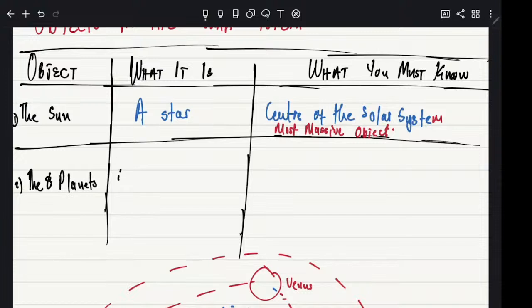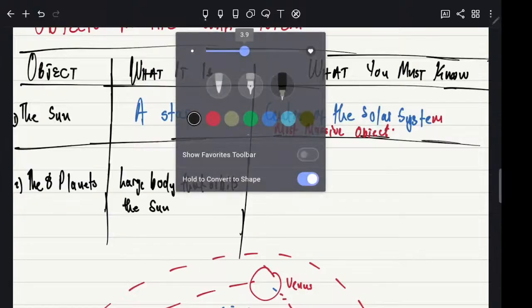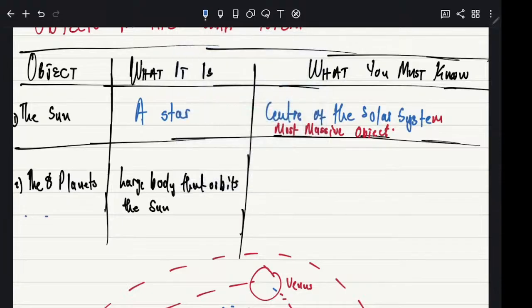It is a body, let's just say a large body that orbits the sun. That will be qualified. That will be something that we are going to say is a planet. It is a large body that orbits the sun.